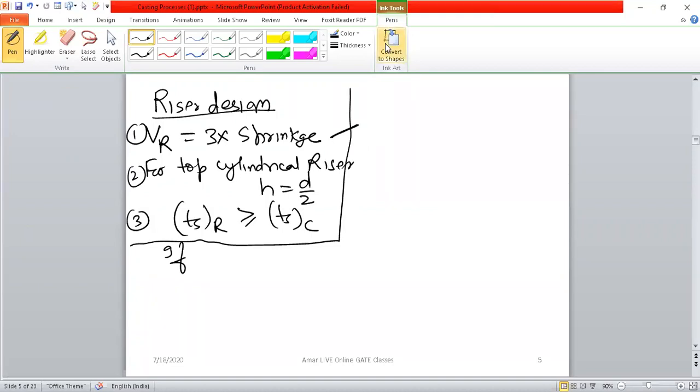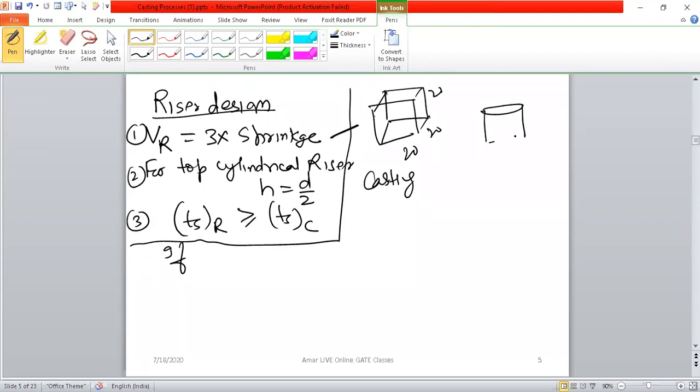Suppose we have to design a riser for this casting, 20. This is our casting, and we have to design a cylindrical riser for this casting.